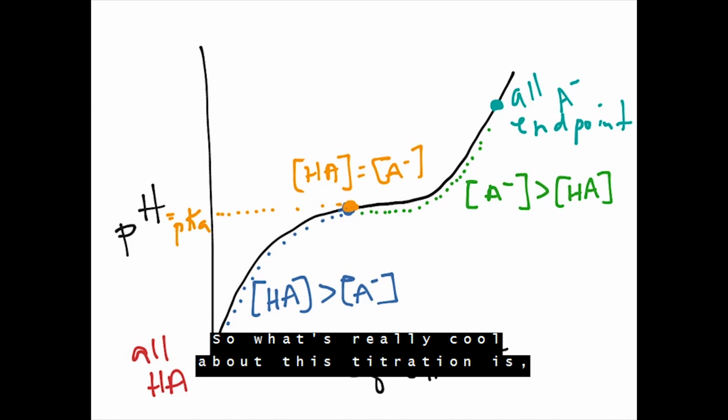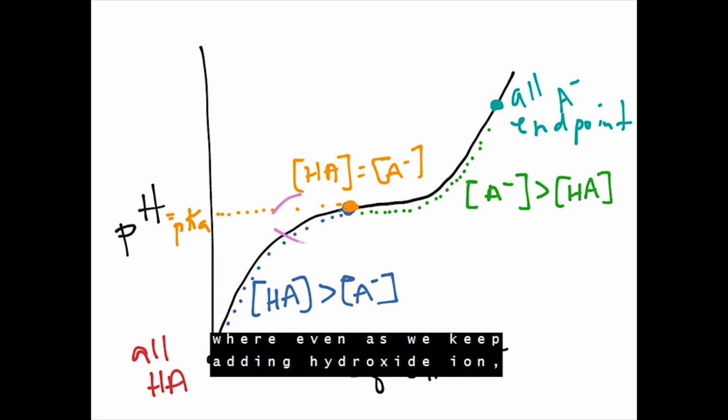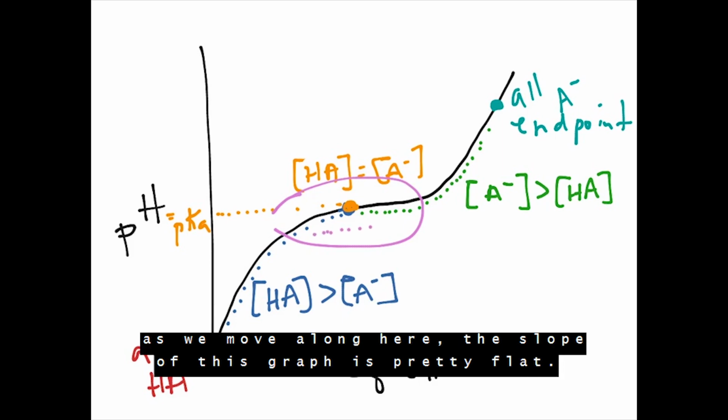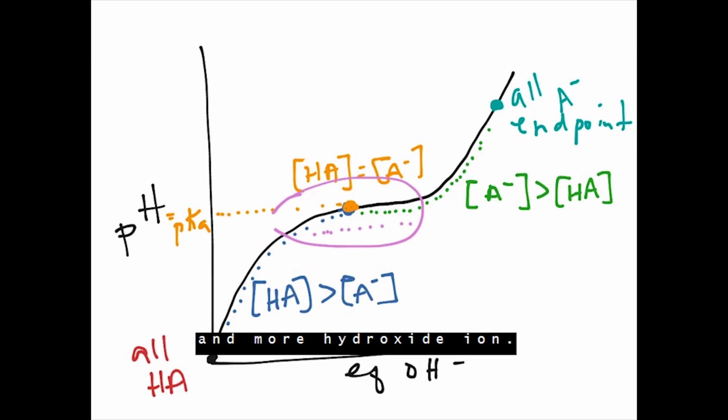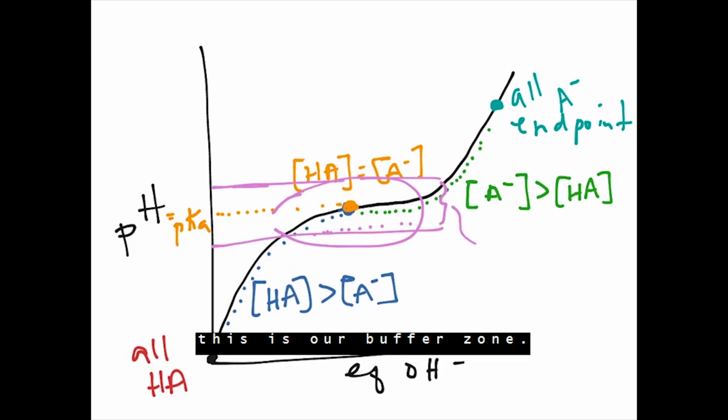So what's really cool about this titration is we see this region here in the middle, ooh, purple, where even as we keep adding hydroxide ion as we move along here, the slope of this graph is pretty flat. So we don't have a change in pH even though we keep adding more and more hydroxide ion. So what we call this region, right through here, this is our buffer zone.